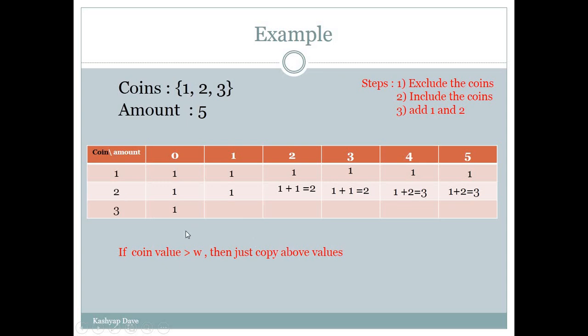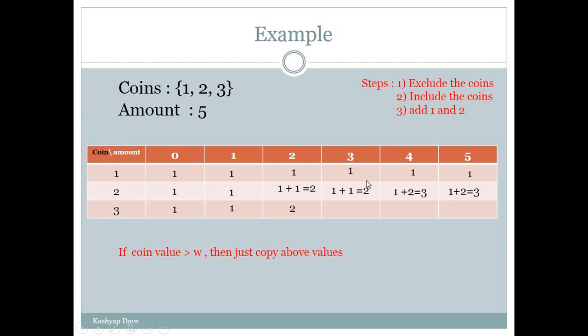Okay, again next, here 3 and 1. So here coin value is greater than our amount. So we will put 1 here, meaning copy the above value. Here again 3 is greater than 2, so again copy the above value. 3 is not greater than 3, so we have to find it by these steps.